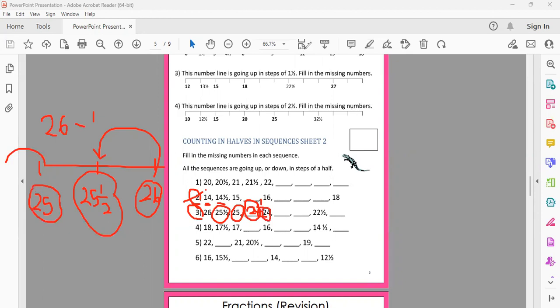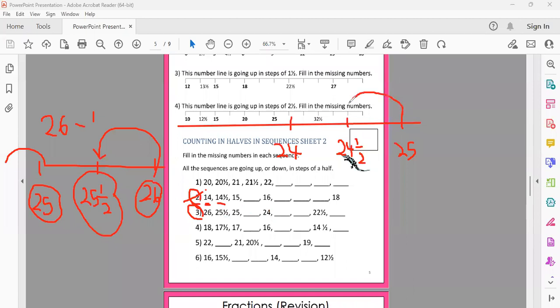So if I'm going to draw out the number line, guys, this is somewhat how it's going to be. This is your 25, and then this is your 24. But before reaching 24, you have 24.5, correct or not? So from 25, if I want to go back half, I will reach 24.5. That's what you're going to write here.